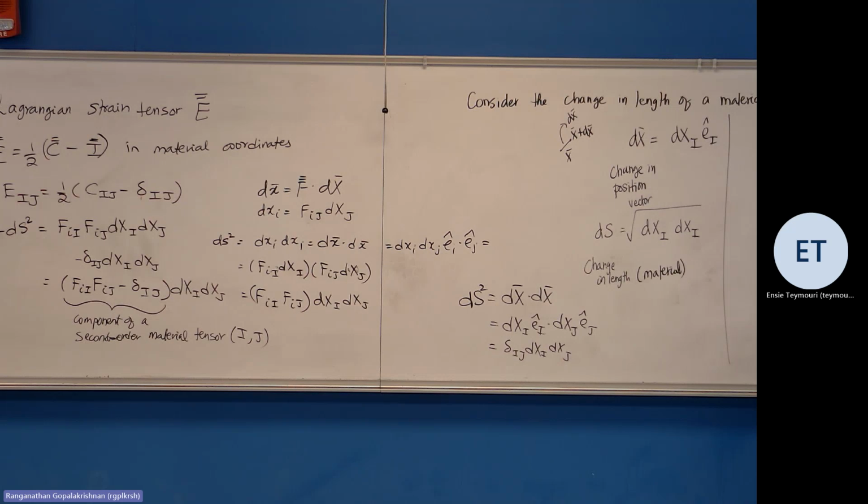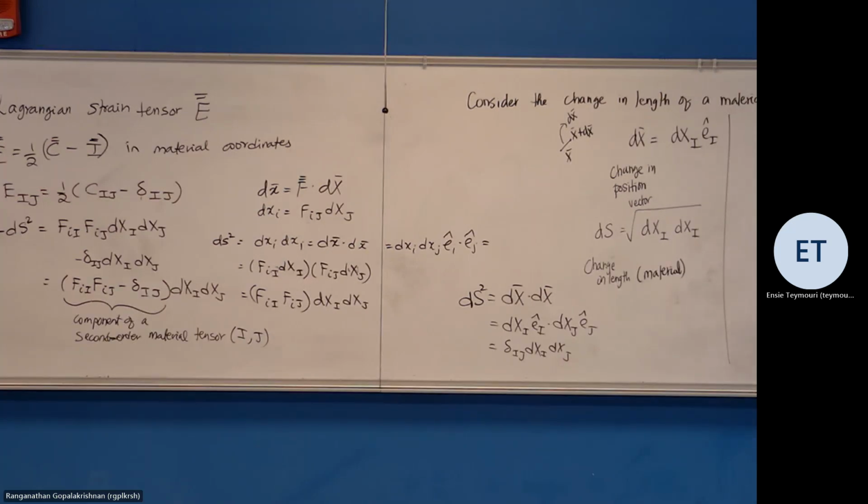Eij is equal to half Cij minus delta ij. Can we prove that? What is C? You want to show this expression and this expression are one and the same. How would we prove that? First of all, what is C? C is F transpose dot F.